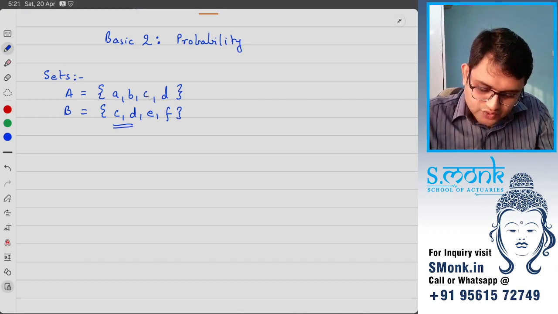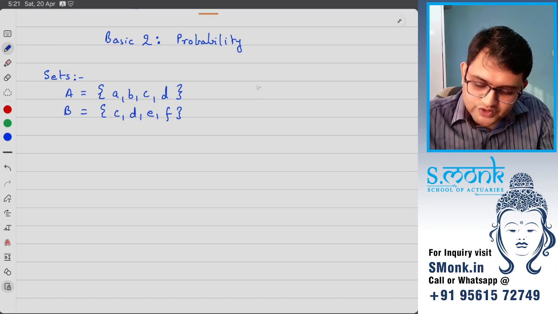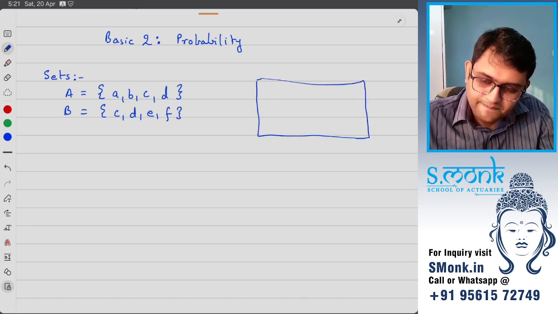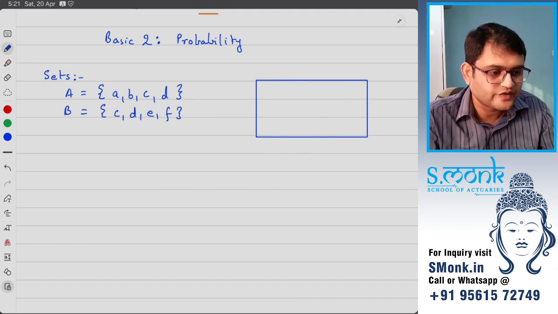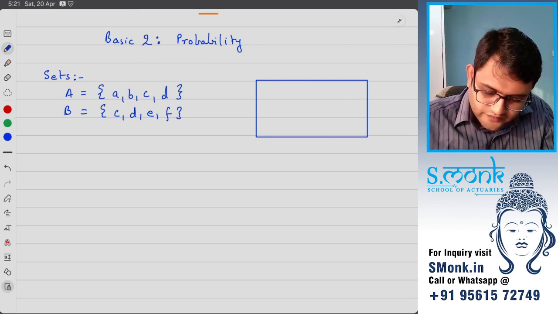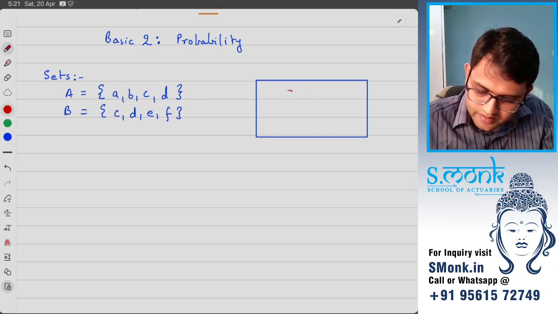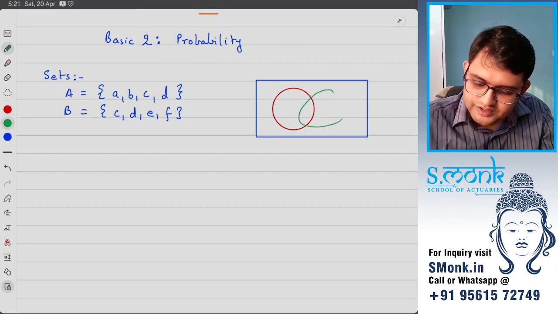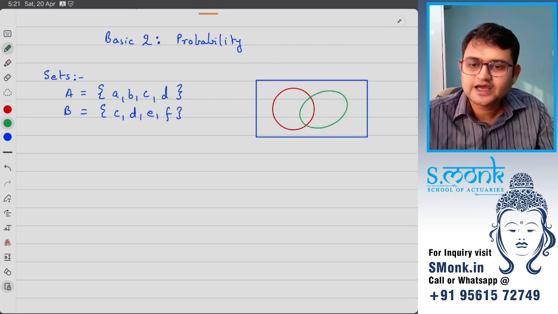When it comes to representing it visually, we draw something called a Venn diagram. In that we will be representing sets with circles, usually what we call areas.